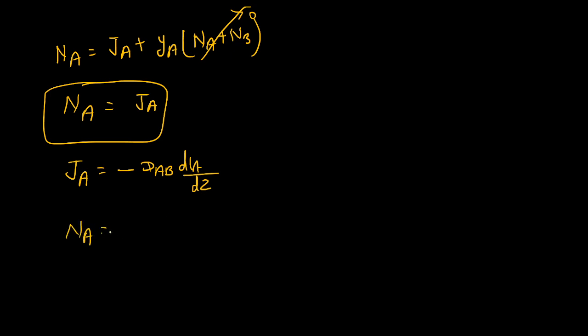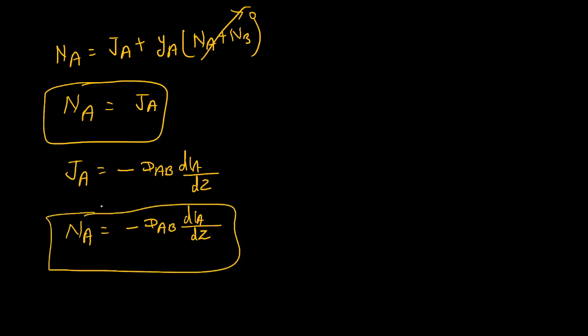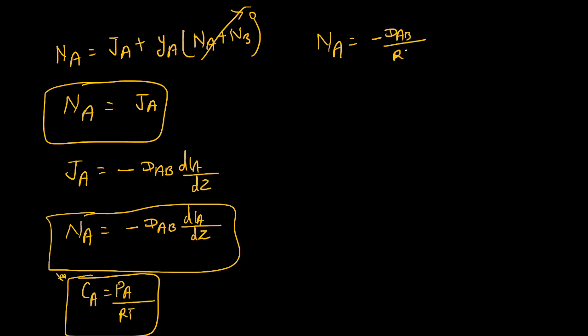Now, assuming this is a gaseous system, Ca equals partial pressure of A upon RT, so Na equals minus DAB upon RT into dPA by dZ.